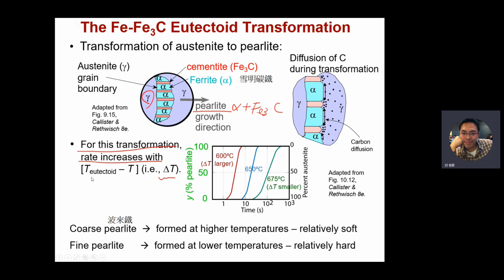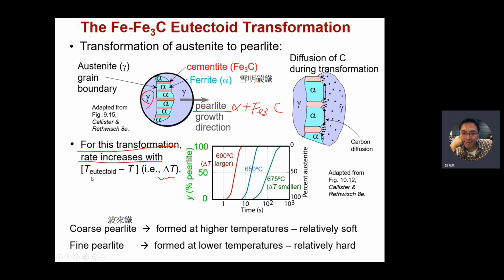If this delta T is smaller, that means this pearlite forms at a higher temperature, and we call it coarse pearlite, which is relatively soft. If this pearlite structure forms at the lower temperature, it is relatively hard, brittle, and stronger, and we call it fine pearlite.